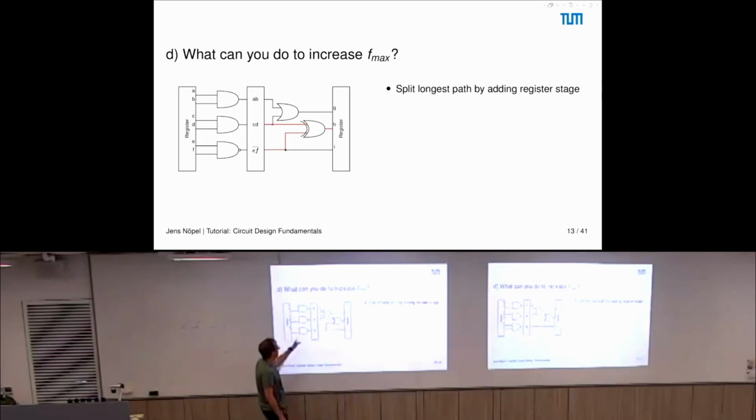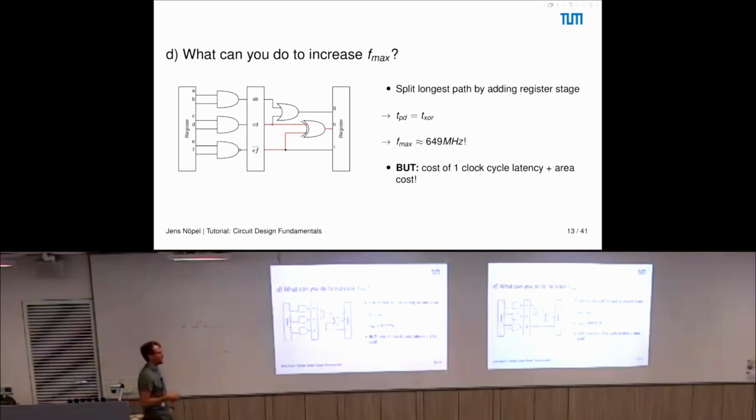Even over the register stages, if there were multiple, you just pick the one with the longest propagation delay, because the frequency you clock all registers with is exactly the same. So you need to pick the worst case scenario, which in this case is this one. So now our maximum frequency is 649 megahertz.